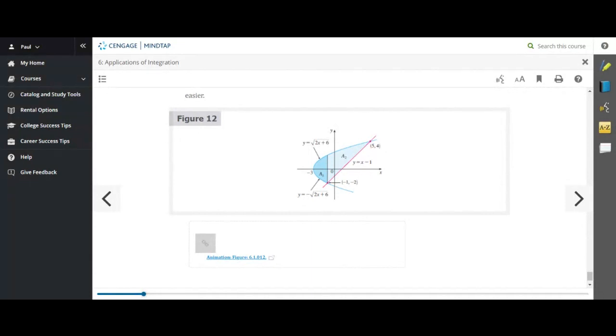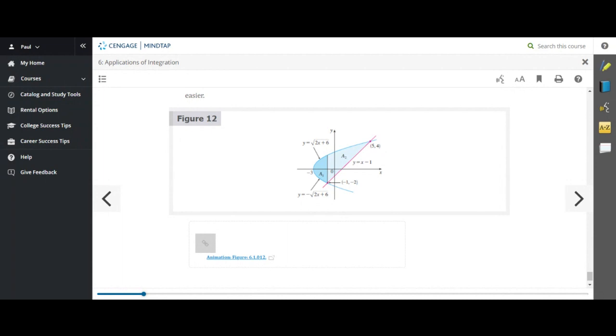So again, here's figure 12. How many integrals would you need? There's the area, and the area seems to be broken up into two areas, A1 and A2. Why is that?